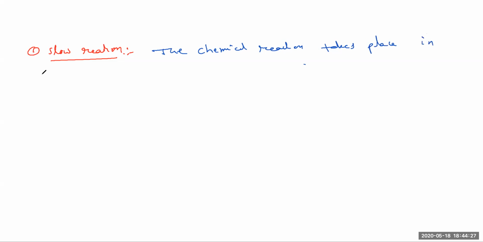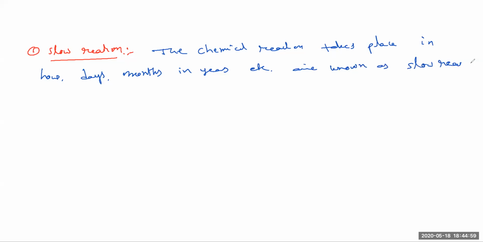A chemical reaction that takes place over a long time, like hours, days, months, or years, etc., is known as a slow reaction.